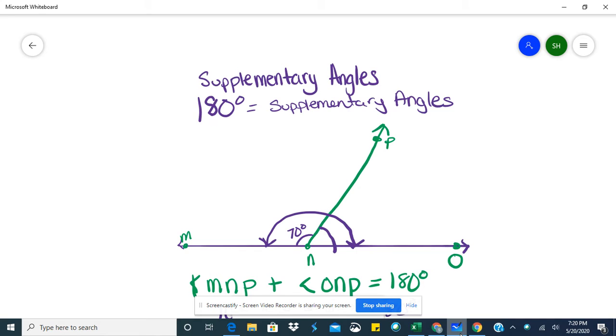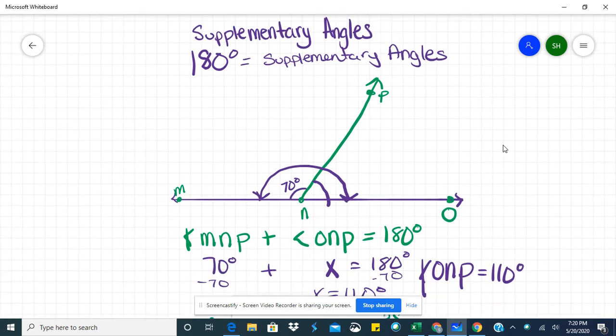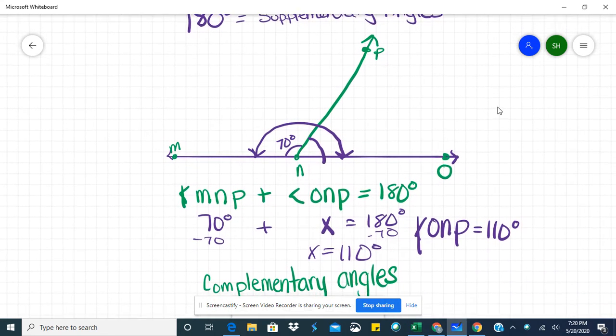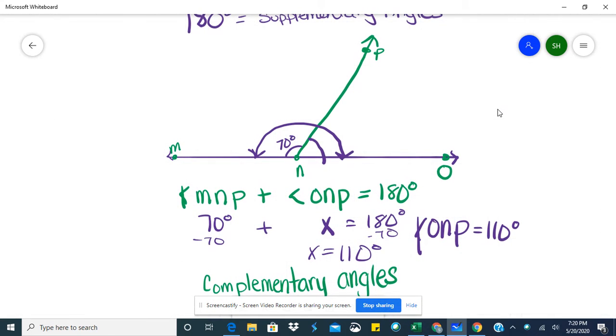You get X equals 110 degrees, which means ONP equals 110 degrees. Okay, so there's that. So supplementary equals 180.